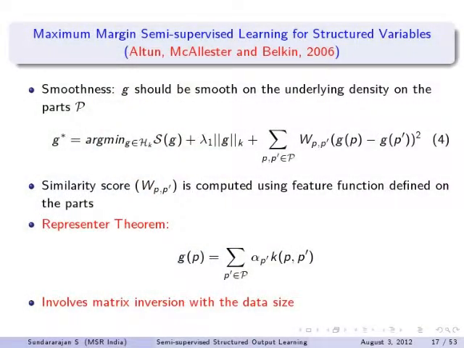Then the rest of the things follow the manifold regularization idea that we talked about for the binary or multi-class classification problem. So I have rewritten the objective function here. As you can see, the first two terms are the objective function that you have in a typical supervised learning setting, and this term is again the graph Laplacian type regularization function. Okay, except that the nodes are defined using these parts, and the summation runs over all possible pairs that we see here.